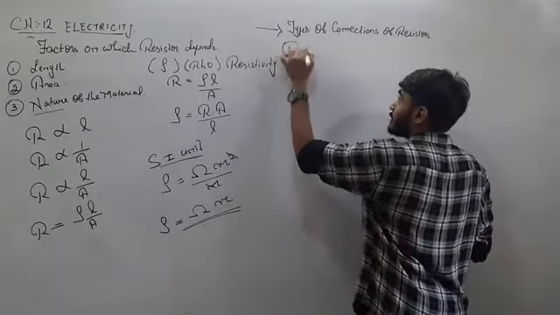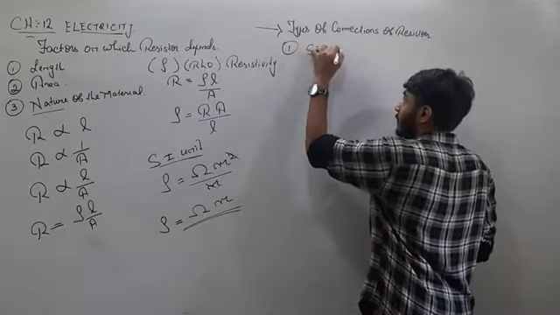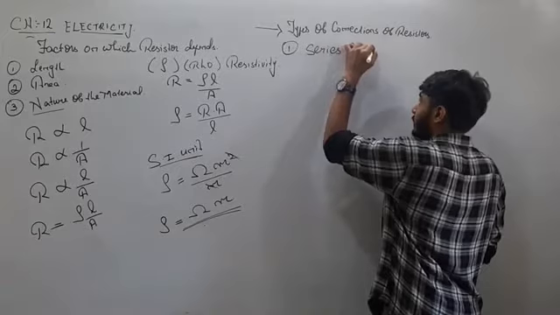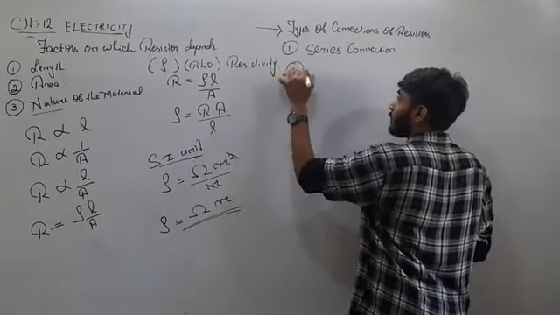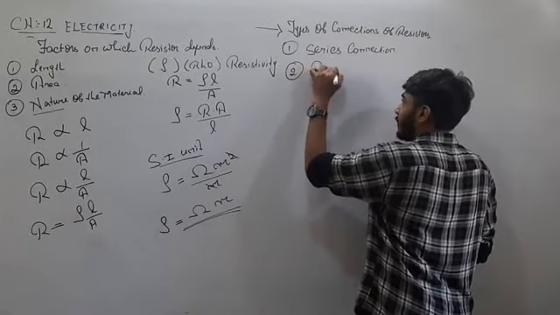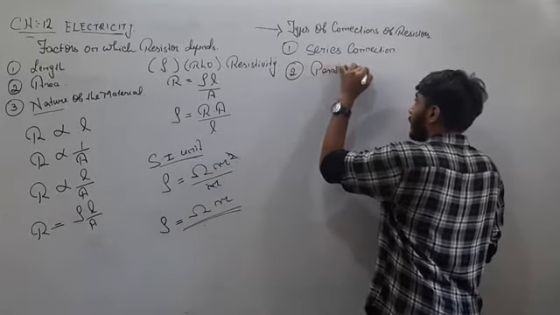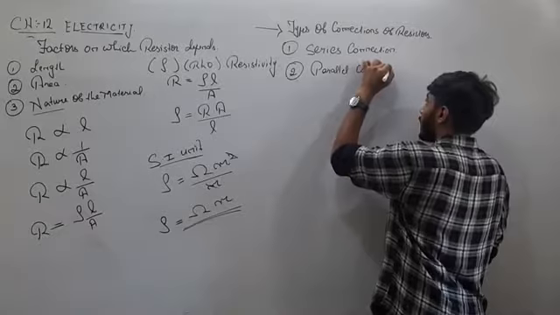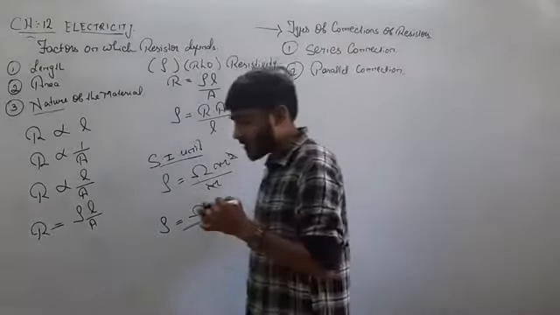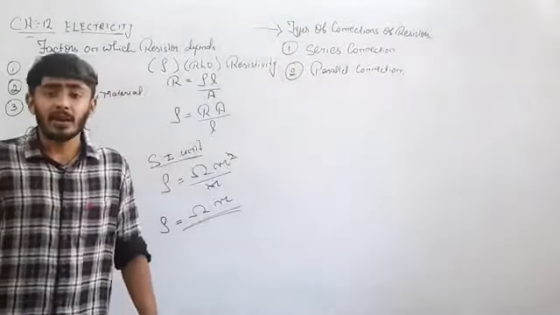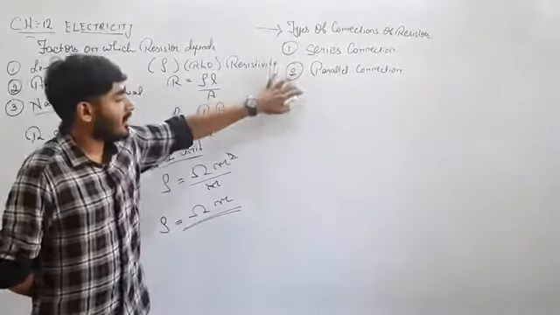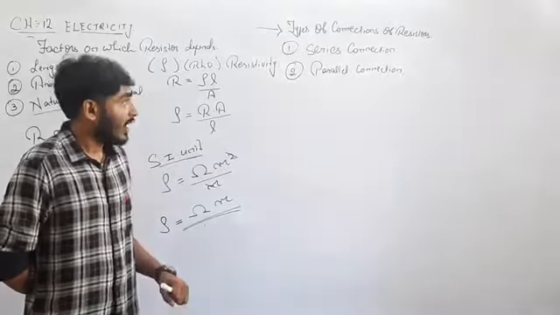Okay, number one is series connection, and number two is parallel connection. Fine, there are two types of connections of resistors: the series connection and the parallel connection.